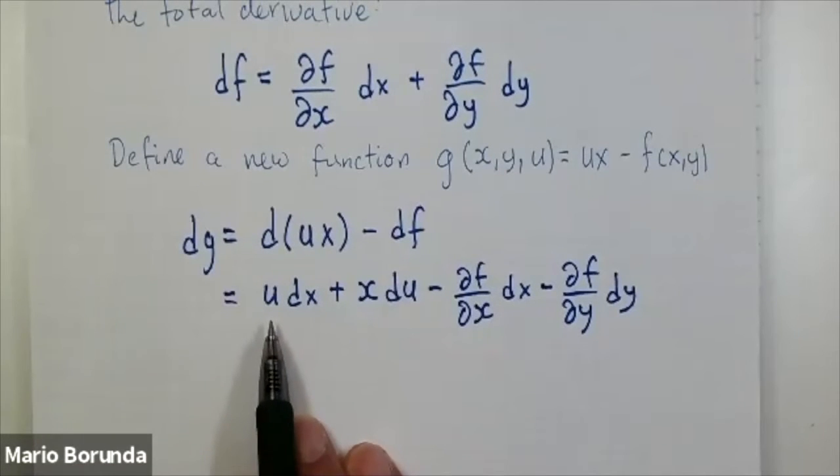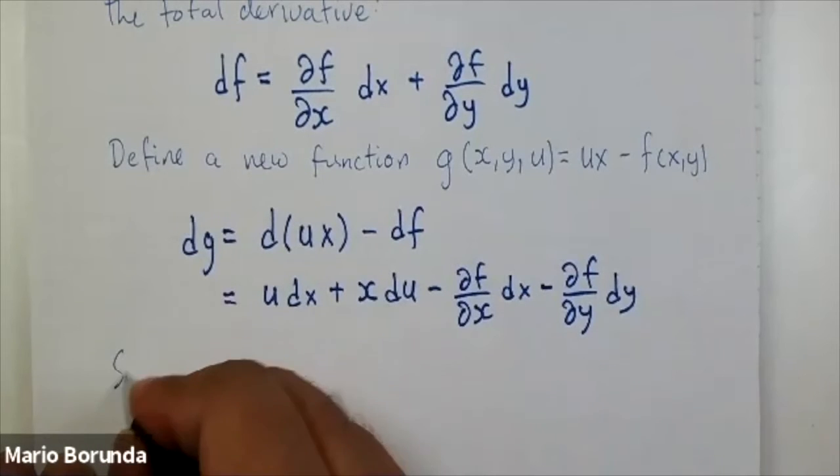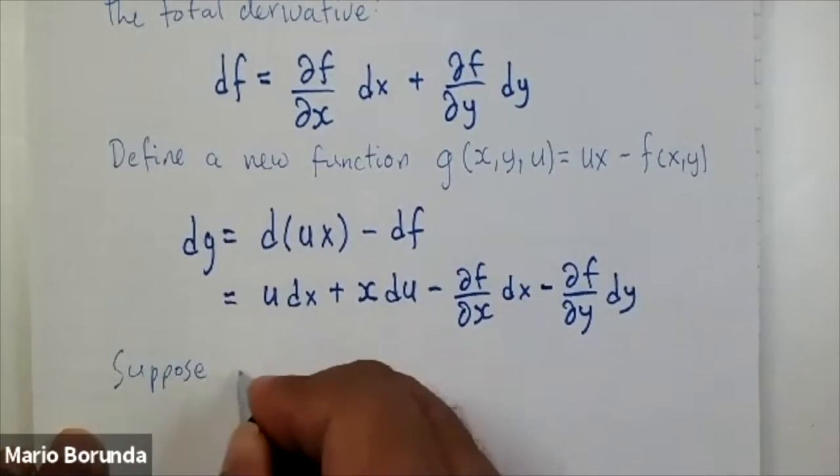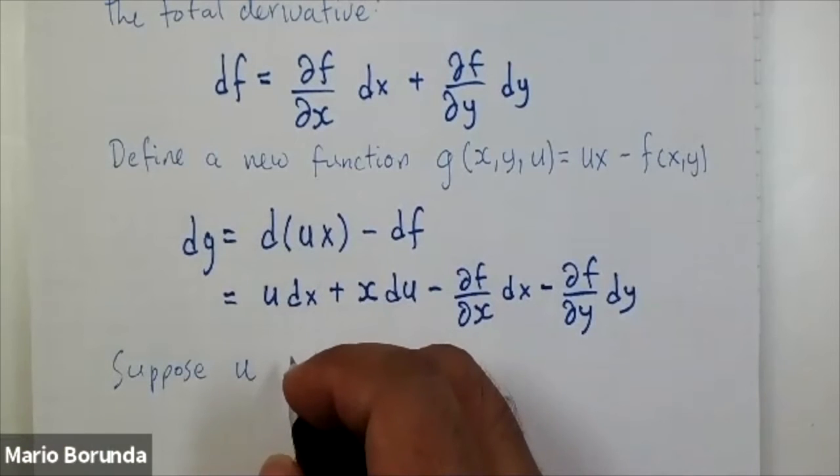So at this point, u has been an independent variable, right? There's x, y, and u. So now what we need to do is suppose that u is a function of x and y.